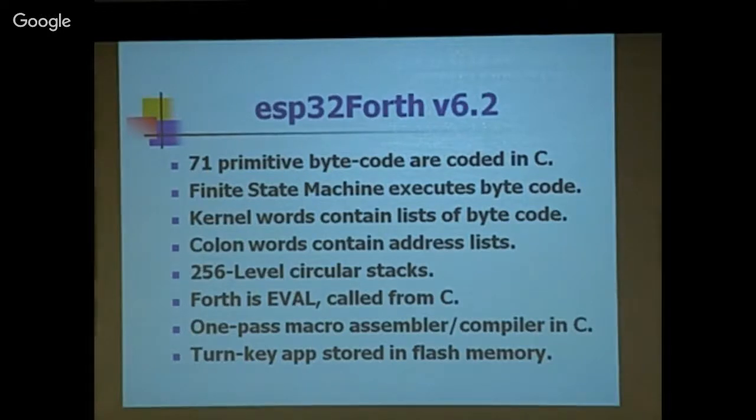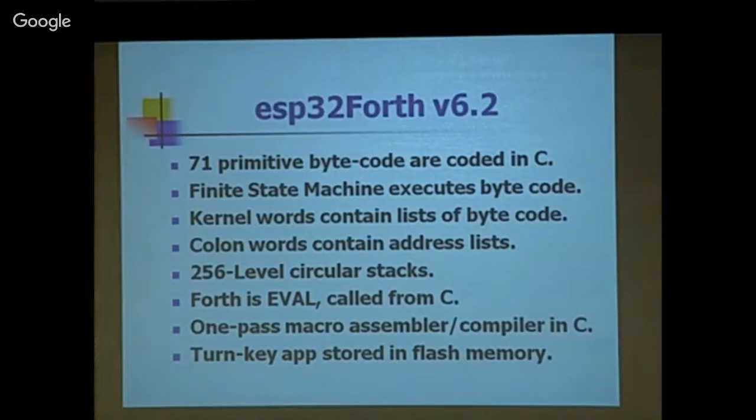You don't have to learn Forth to use it. Of course, when you boot it up, it is Forth, and you have to learn how to use that. But the compiling process does not need any prior knowledge of Forth. Okay. So here are some highlights of the ESP32forth 6.2.